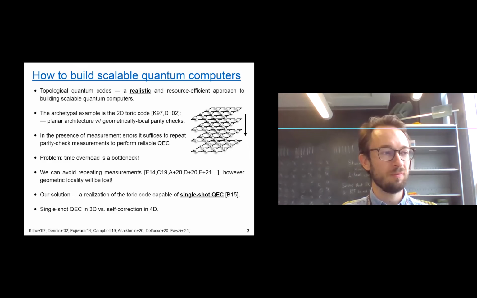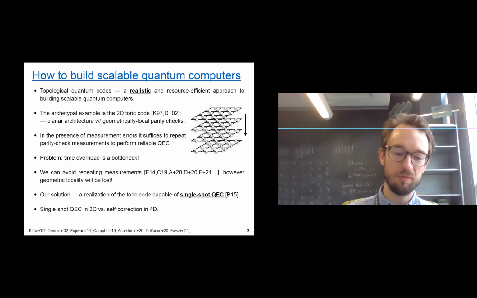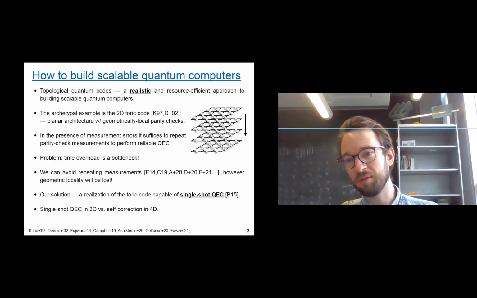I think at least the 4D toric code is a single shot code, because it's like the loop sector of the 3D toric code. You can view the errors for one of the error types as having syndromes which are these closed loops, and then if they're broken because you have wrong measurement outcomes, you can join them together, and this would be a single shot procedure.